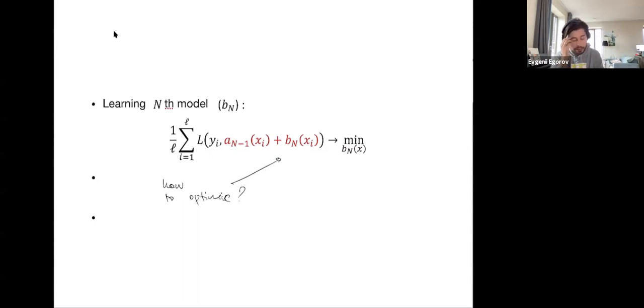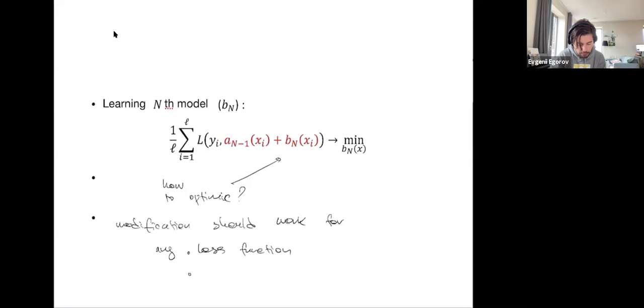It may also depend on the loss function. But we would like to provide a very general algorithm, so the modification should work for any loss function and any models B_n.